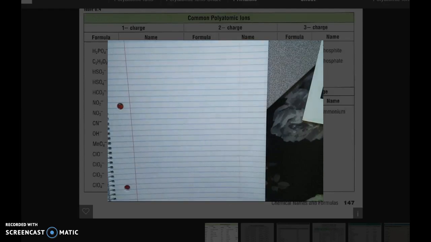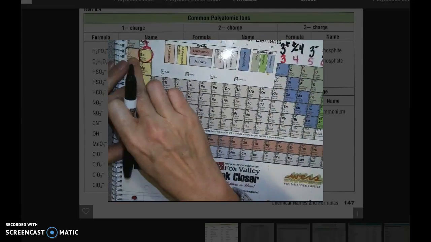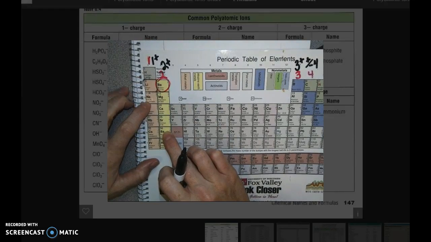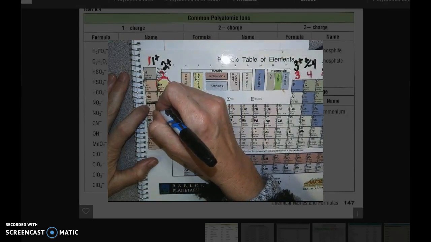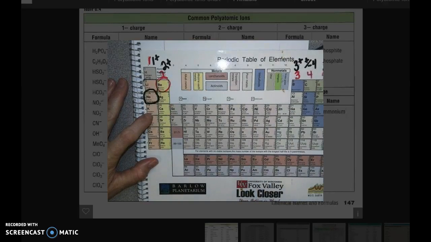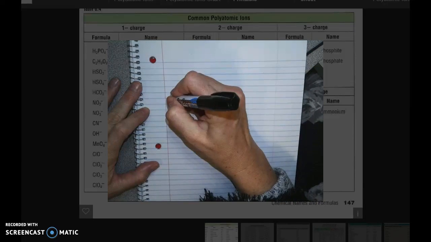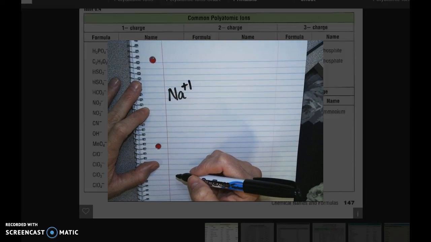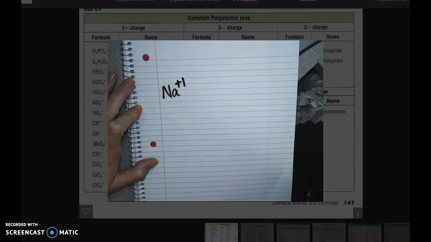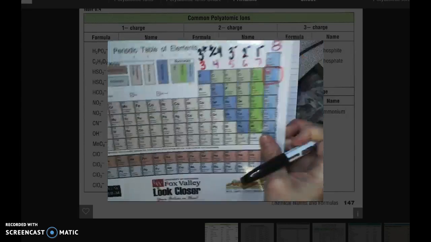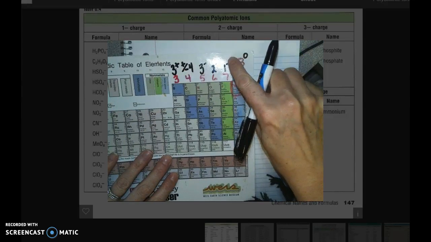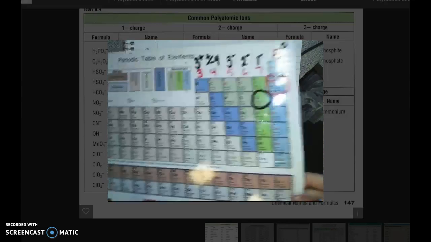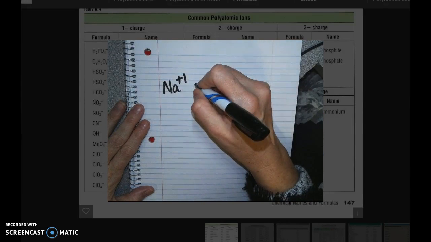Say we take the periodic table and we take something in the positive 1 column. Let's say sodium, because you guys are really familiar with this compound, okay? So sodium has a positive 1 charge. And if we take something with a negative 1 charge, say chlorine, chlorine has a -1 charge.